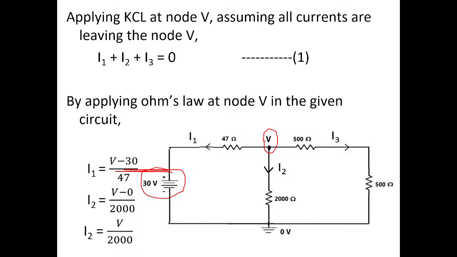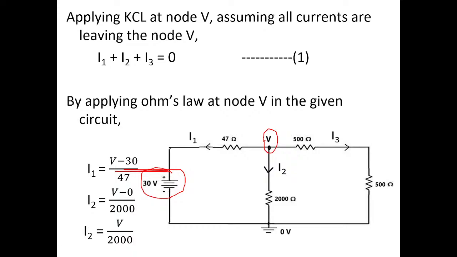V minus 30. Why V minus 30? Because the assumed current direction is from V to 30. The actual direction should be from 30 to V, but since I have assumed the opposite direction, it is V minus 30, because current always flows from higher potential to lower potential. So V minus 30 is the voltage across 47 ohms, divided by 47.